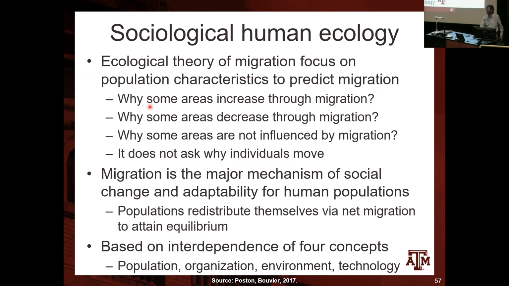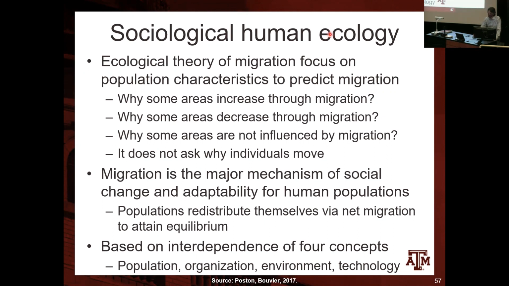It's trying to understand the characteristics of areas that tend to have more in-migration and areas that tend to have more out-migration. The main concepts in this theory are population, organization, the environment, and technological advances. So we are not so interested in individual characteristics, but the overall society.